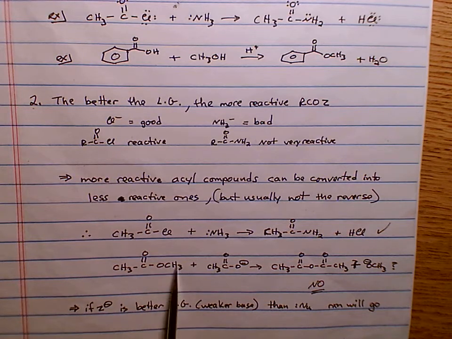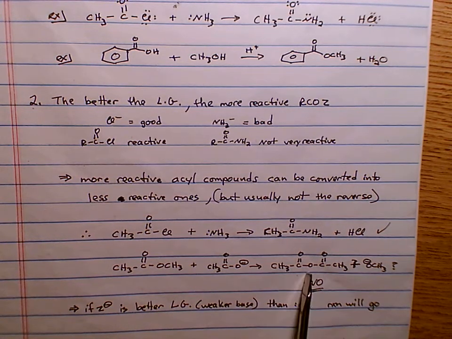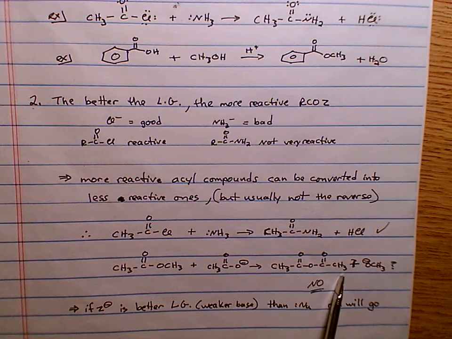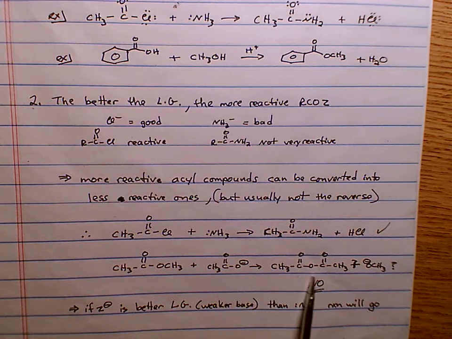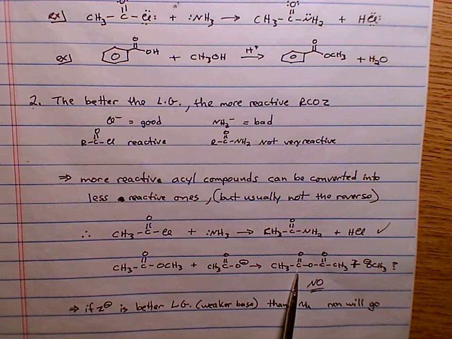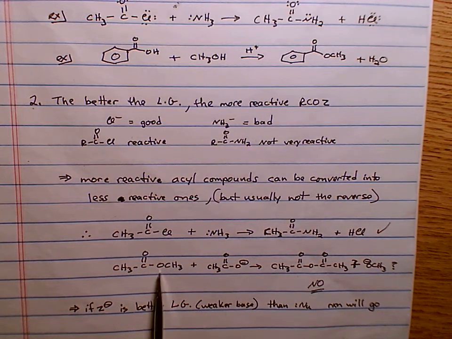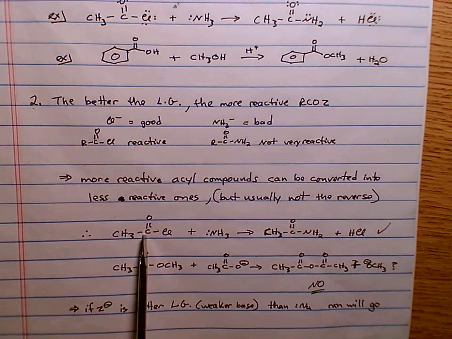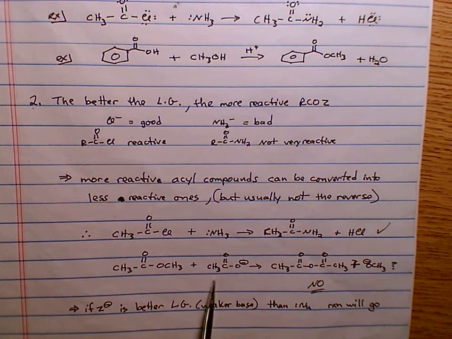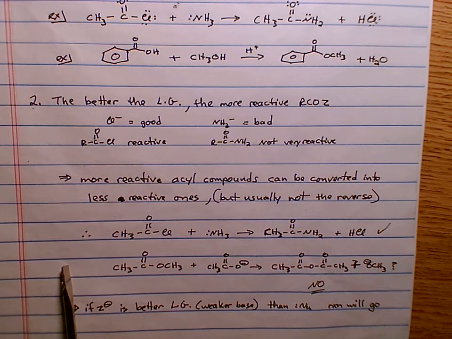Let's see, taking an ester and converting it to an anhydride, acetic anhydride here, with OCH3 minus, no, this isn't going to work. Anhydrides are much more reactive than esters. Recall that the reactivity goes acid chloride, anhydride, then carboxylic acids and esters, and then amides.